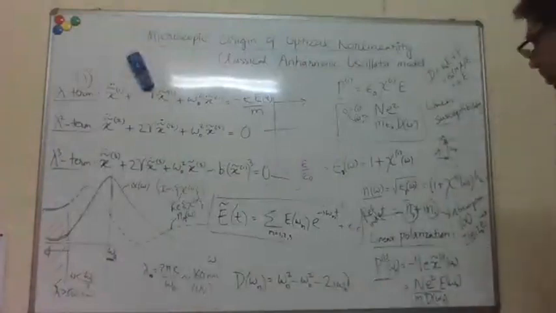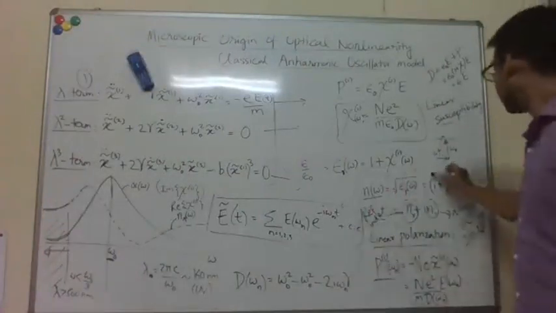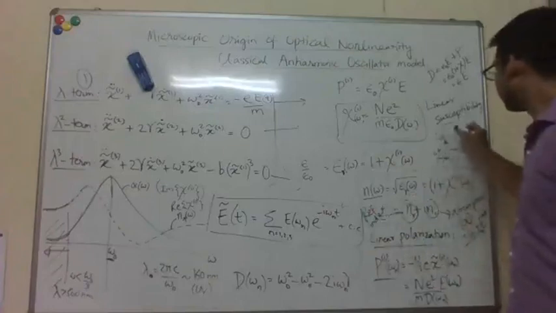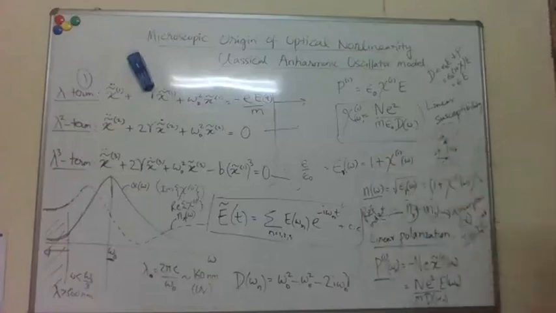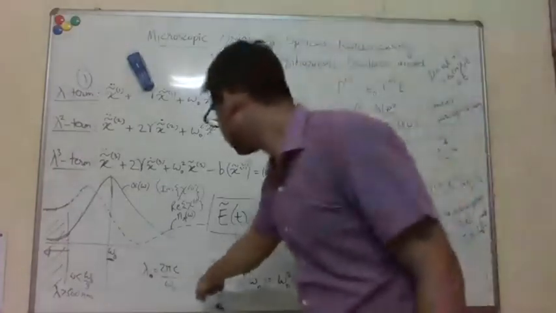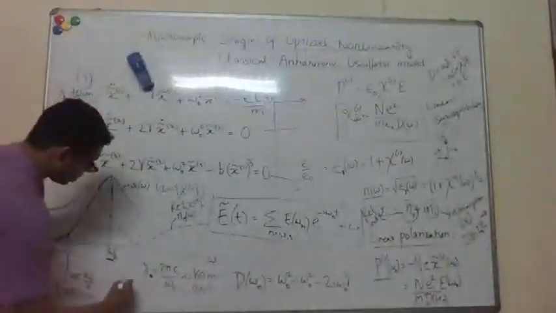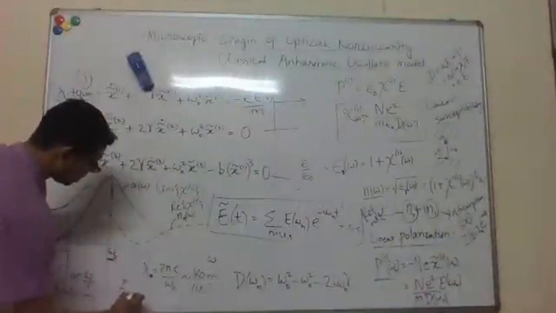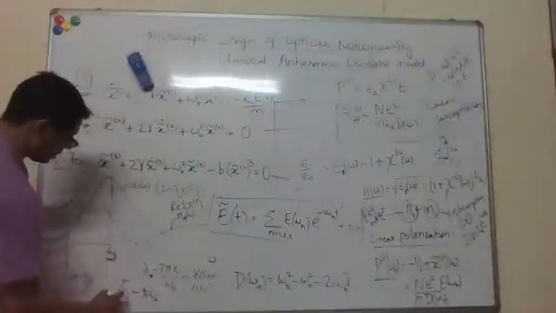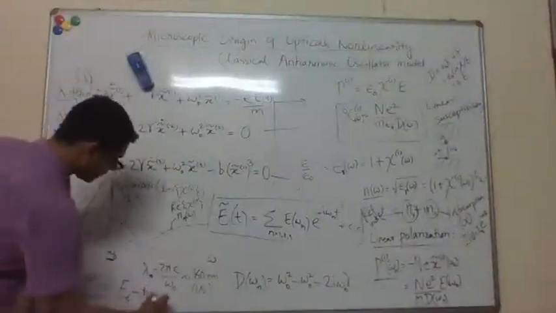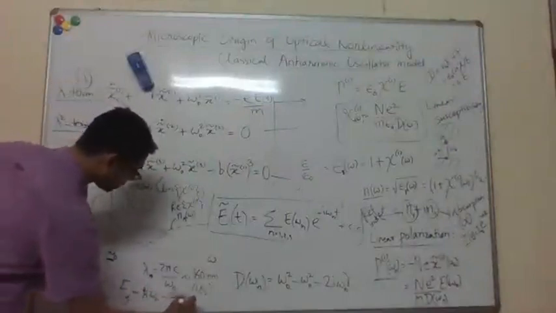For solids, for example, you have bands: a conduction band, a valence band, and then a band gap. So this omega naught will be the band gap. For glass, this comes from the band gap. If you put the band gap Eg equal to h cross omega naught, Eg for glass is about 9 electron volt.